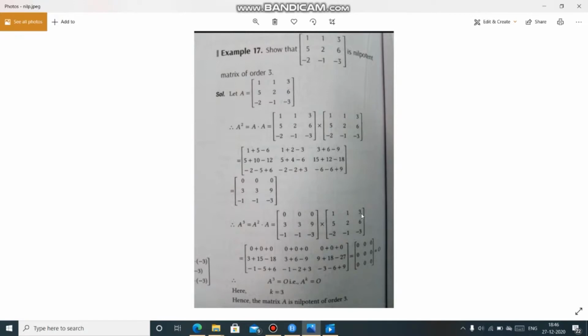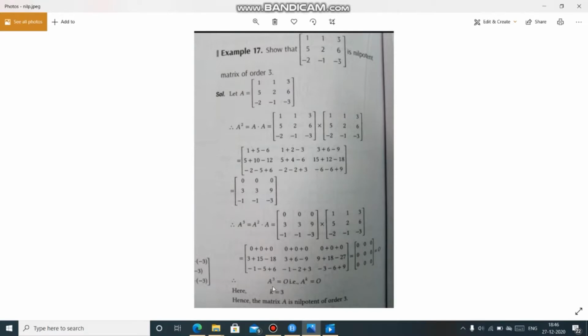Third row with third column, we get minus 1 into 3 minus 3, minus 1 into 6 minus 6, minus 3 into minus 3 plus 9. So we get all zeros here, 0 0 0, and the matrix is a null matrix of order 3.